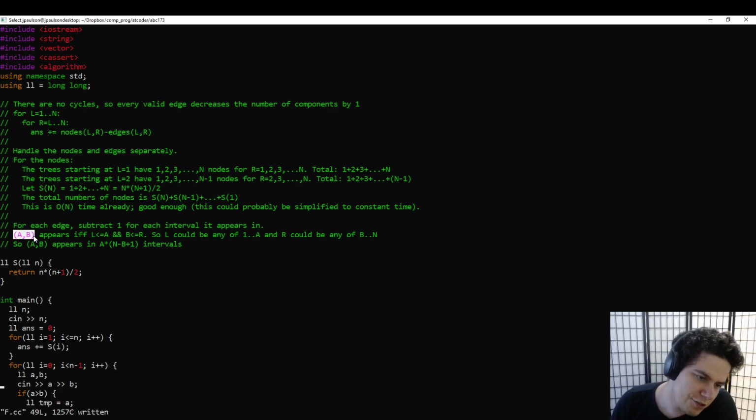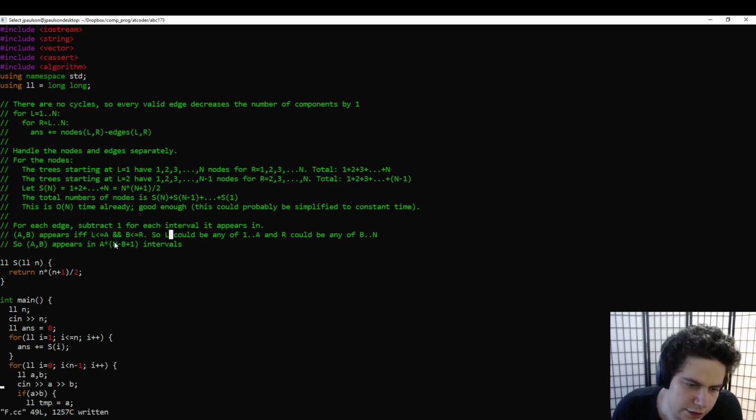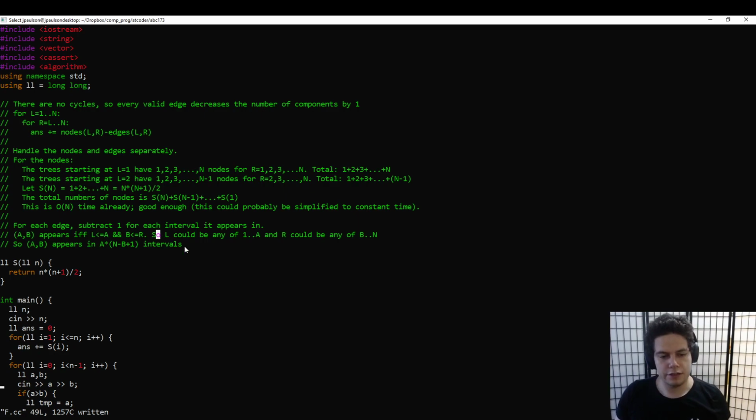So let's consider some edge between nodes A and B, where A is less than or equal to B. That edge is in the tree basically just if AB is contained in the interval LR. That is, if L is less than or equal to A and B is less than or equal to R. And there are A ways for L to be less than or equal to A, since it could be any of the numbers from 1 to A. And there are n minus B plus 1 ways for B to be less than or equal to R, because R can be any of the numbers from B to n.